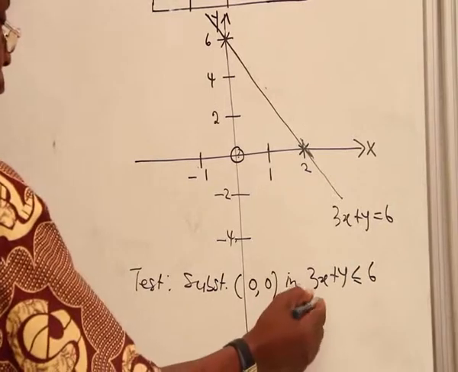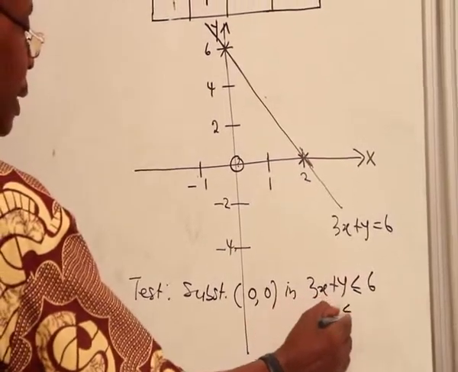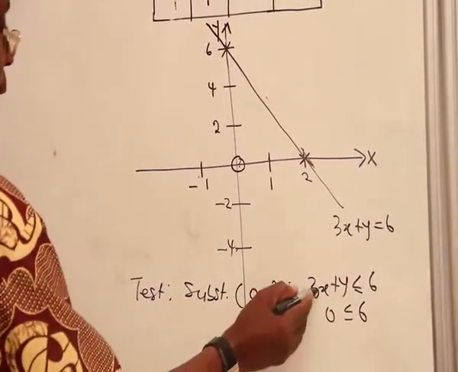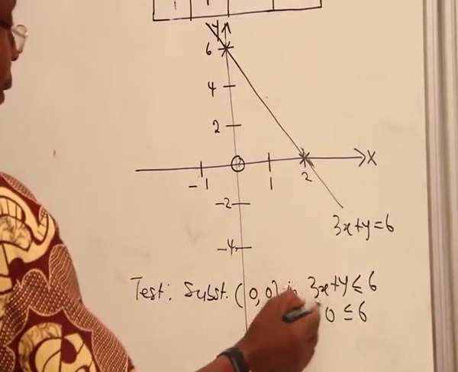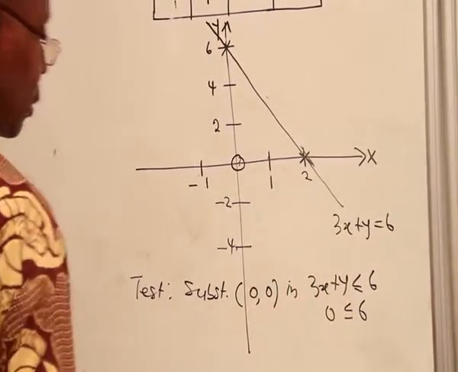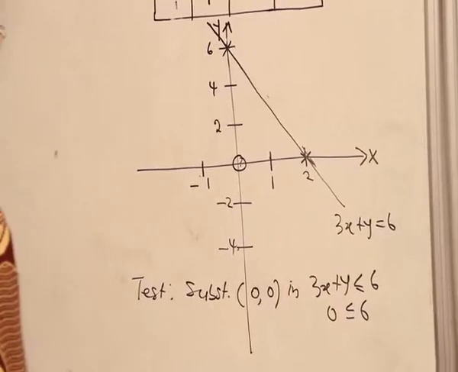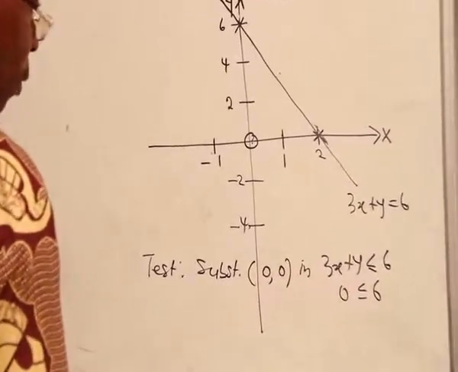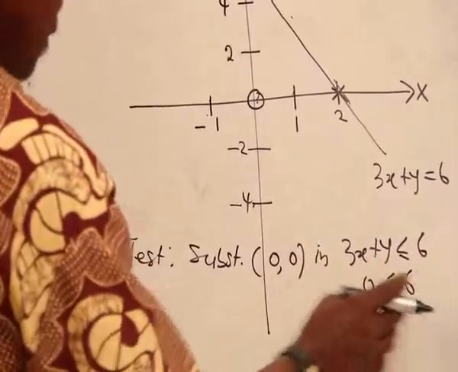When you do that, you have 0 is less than or equal to 6, because if x is 0, y is 0, the whole of the left hand side is 0, which is less than or equal to 6. Is this true or is it false? So this will help us to determine the region.